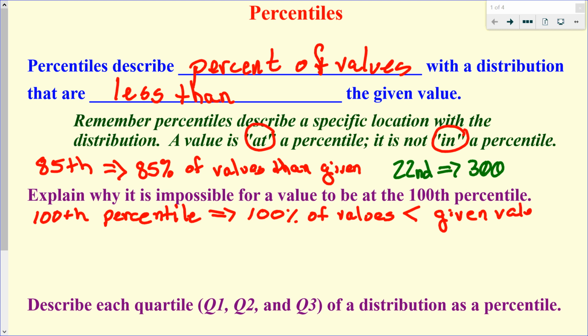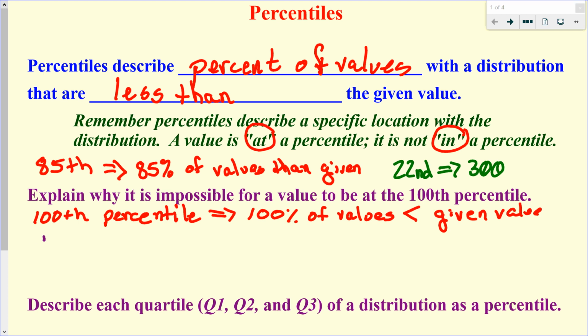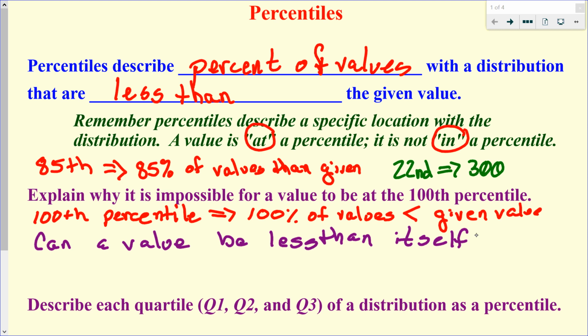Now, that raises the question, can a value be less than itself? No, of course not. So the 100th percentile would be impossible because the given value cannot be less than itself.